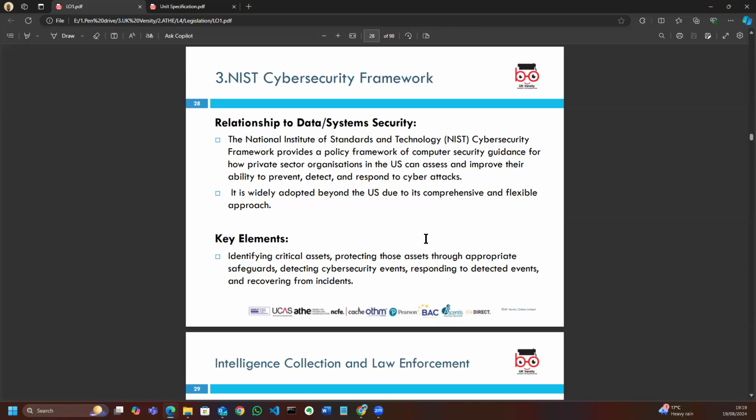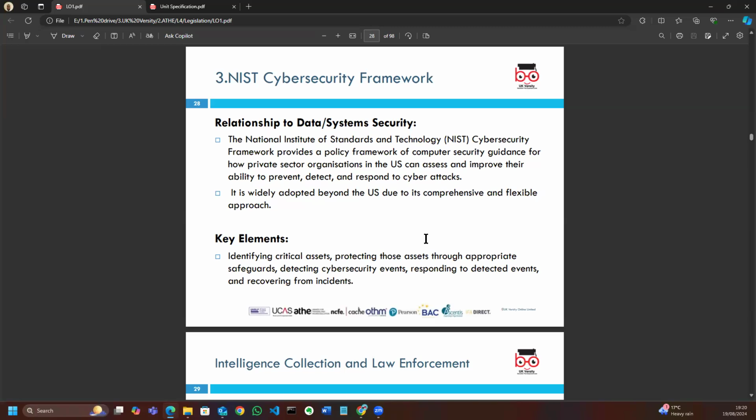When it comes to the NIST Cybersecurity Framework, the relationship to data system security is that the National Institute of Standards and Technology has cybersecurity frameworks that provide a policy framework of computer security guidance for how private sector organizations in the US can assess and improve their ability to prevent, detect, and respond to cyber attacks.